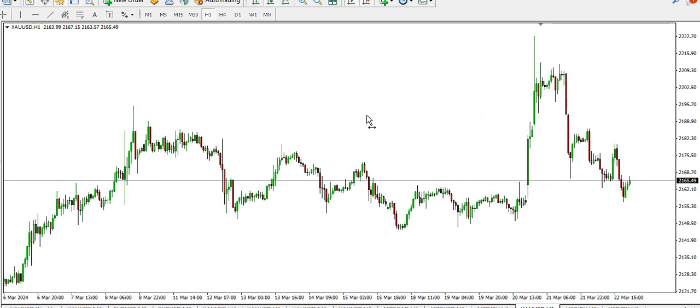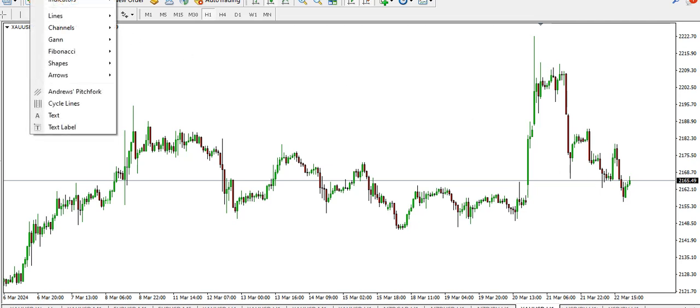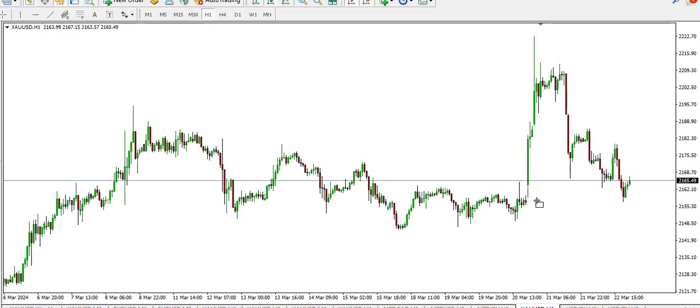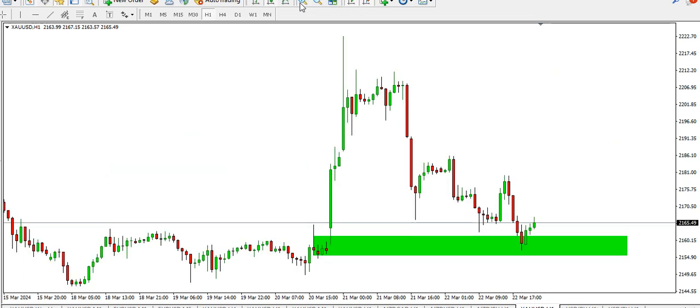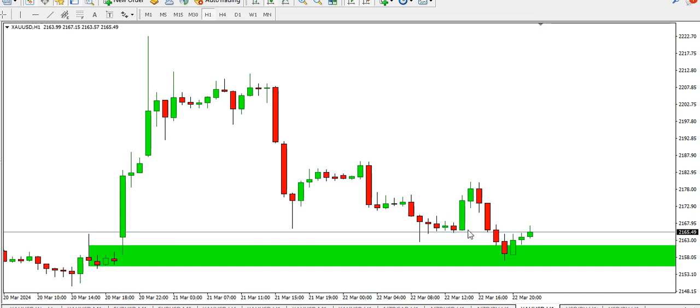We can see that price is ranging. The buyers push price up at this point, but price seems not to be able to move upwards around here, and then the sellers stepped in on the 1-hour time frame. So more buyers might likely come in around here. It's already obvious that the drop is getting weaker around here.